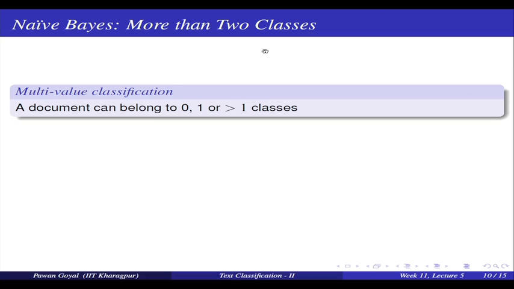Now, we talked about the case where there are two classes or multiple classes, and a test document can belong to one of these classes only. So you will use your naive Bayes model or any other model and find out what is the class that will be assigned to this test document. But suppose we are talking about a multi-value classification problem. So what is a multi-value classification problem?